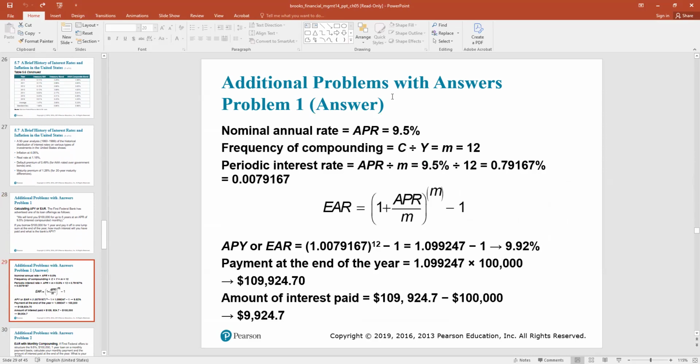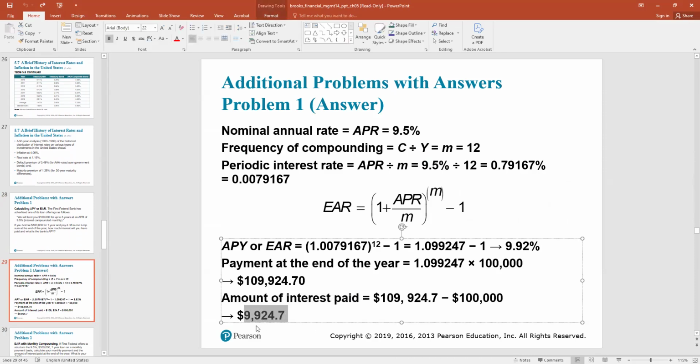So the compounding frequency is 12 months, and if you calculate the effective annual rate, it's not going to be 9.5%, it's going to be 9.92%. So the total interest that you're going to end up paying is $9,924.